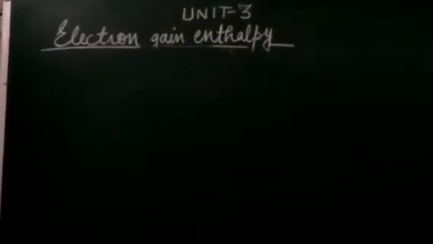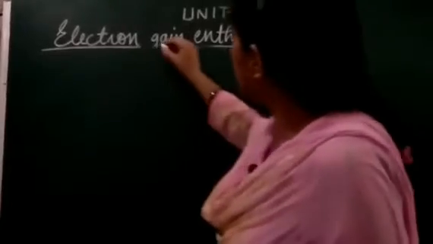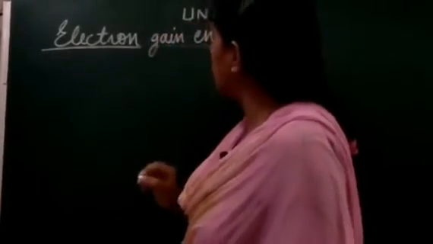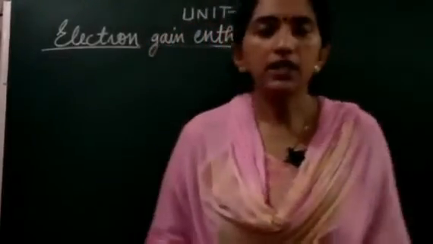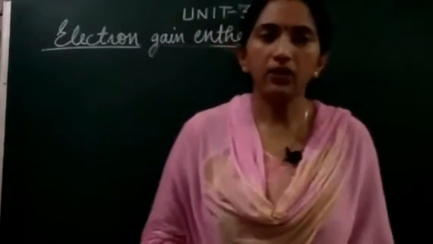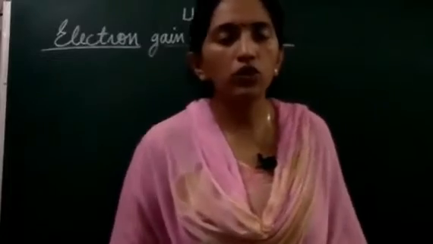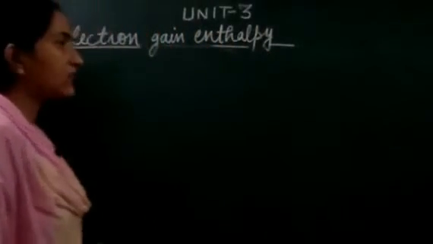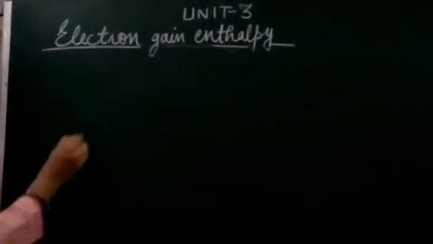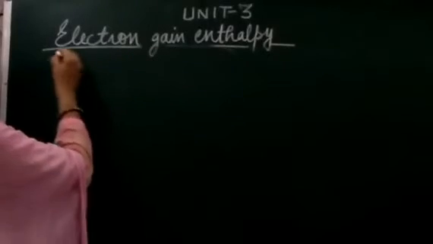Now students, electron gain enthalpy. What is the unit of electron gain enthalpy? It is electron volt per atom, or you can express it as kilojoule per mole.